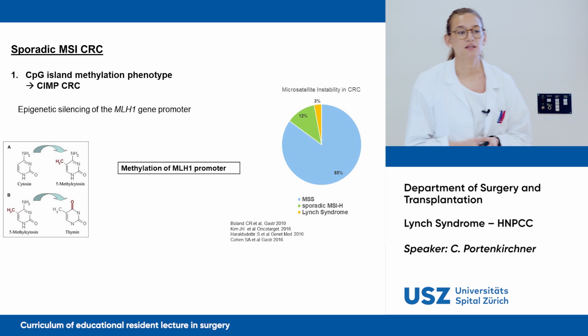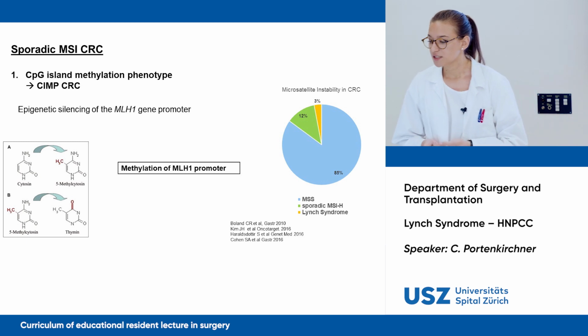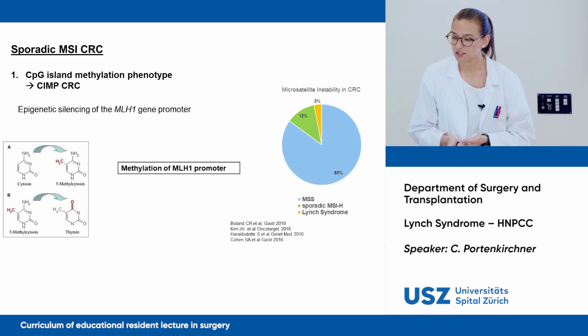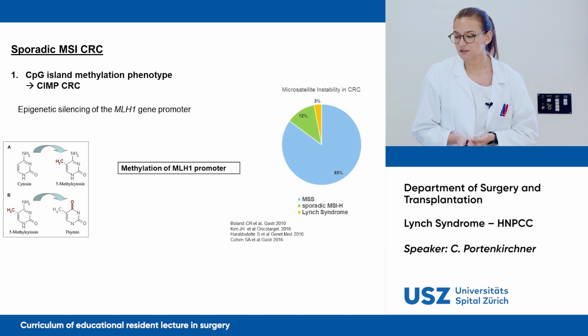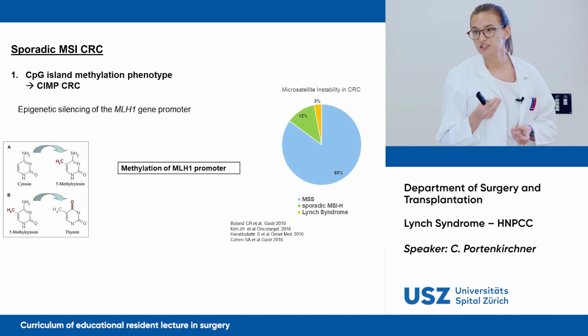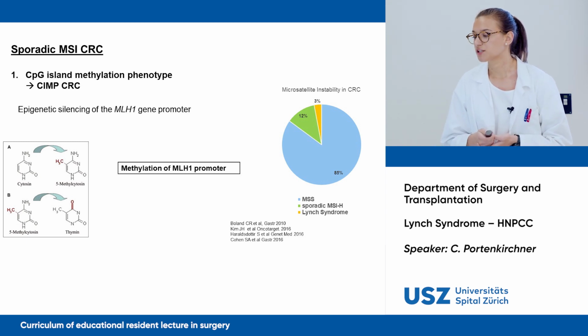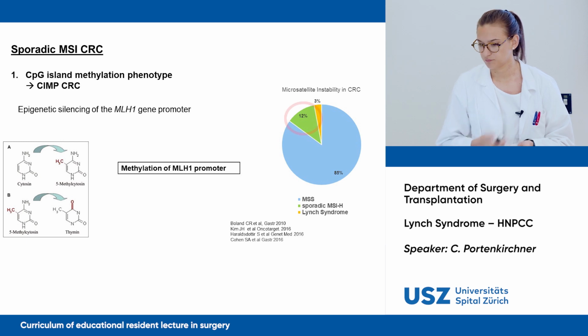CpG islands are areas in DNA strands where lots of cytosine and guanine are present. What is methylation? We have a deamination, as you can see here, of the cytosine, which is then changed accidentally to thymine. We have a TG mismatch, and due to this, we have a mutation in the MLH1 promoter.